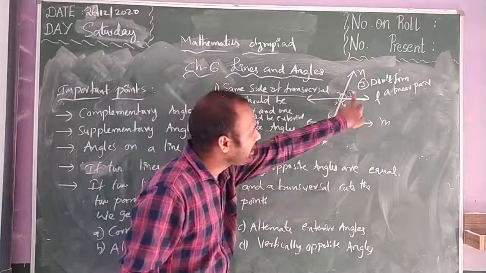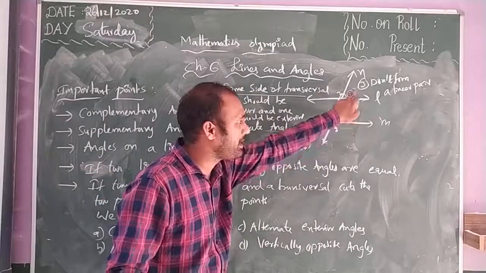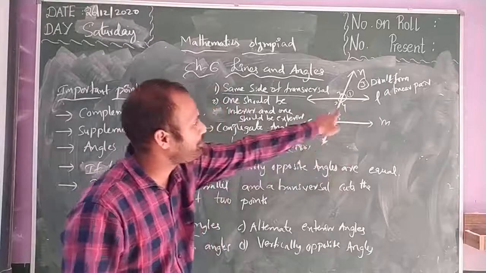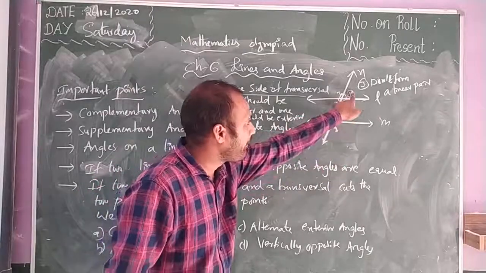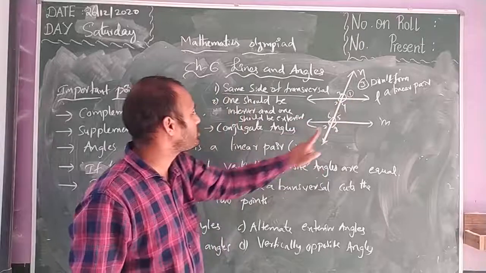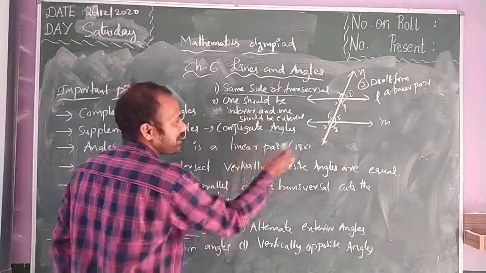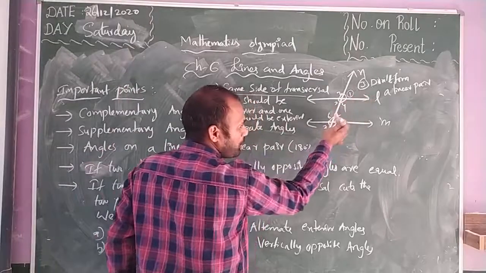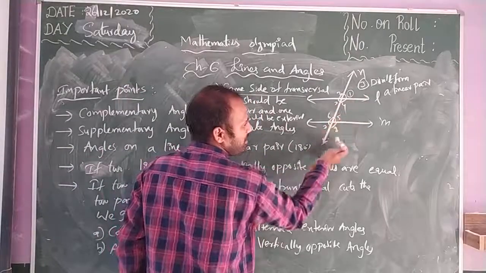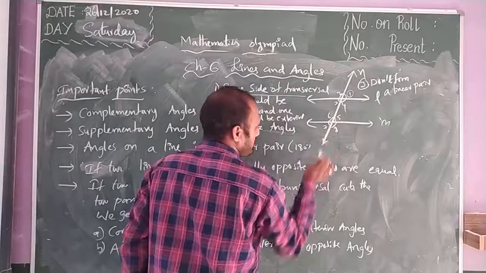If I consider angle 1 and angle 5 are corresponding angles, then okay, but if I consider angle 1 and angle 8, angle 1 is exterior, angle 8 also exterior. But according to our condition, one should be interior angle, one should be exterior angle. So angle 1 is exterior, so automatically the other angle should be interior. So I cannot consider this 8, so answer will be 5.